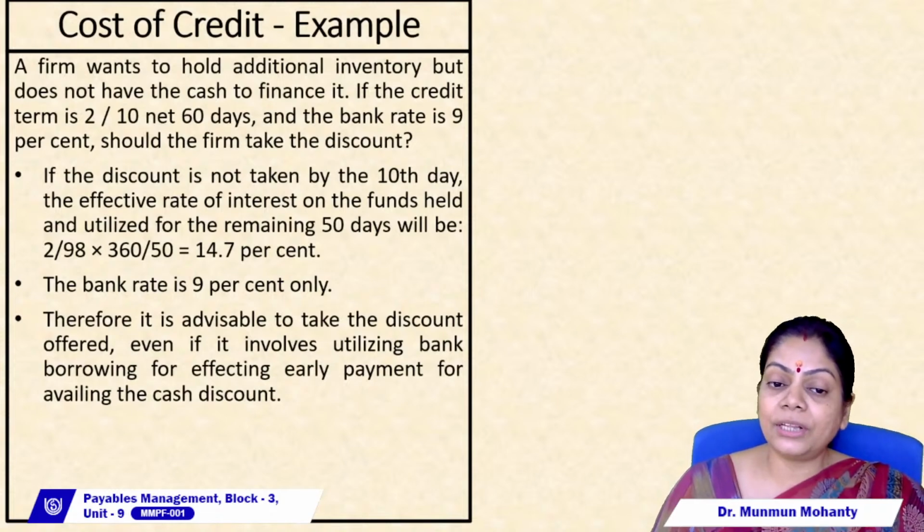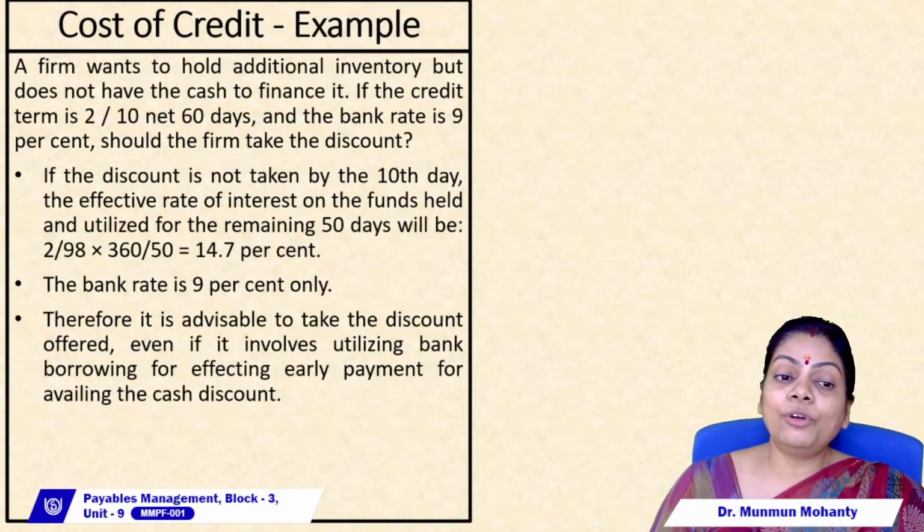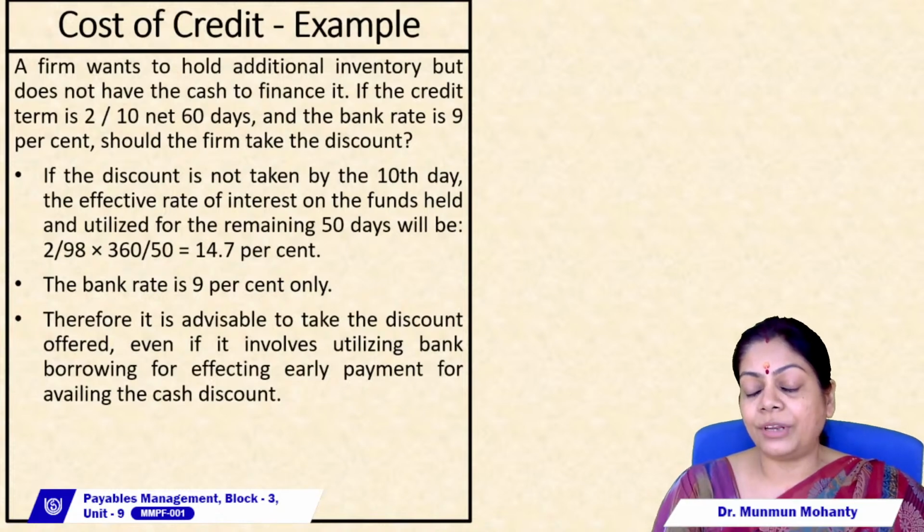It is advisable to take the discount that the firm is offering, even if it involves utilizing bank borrowing. You take a bank borrowing, make early payment, and save yourself the differential, that is 14.7% minus 9%. This is how companies take a call on the other sources of finance.